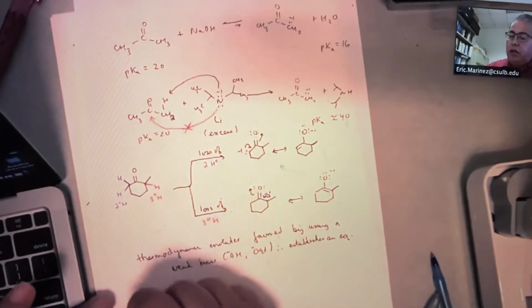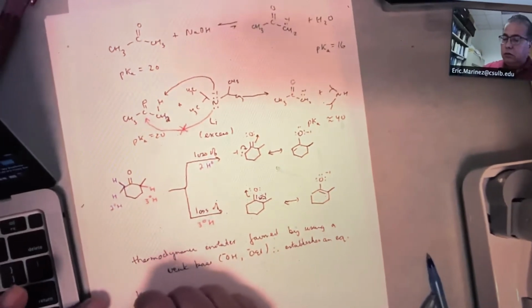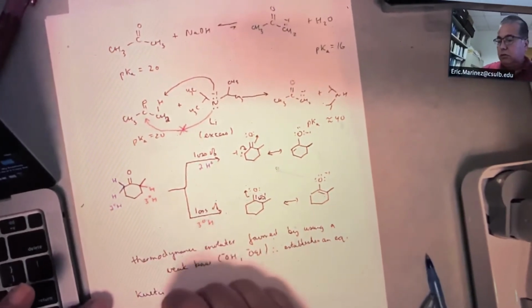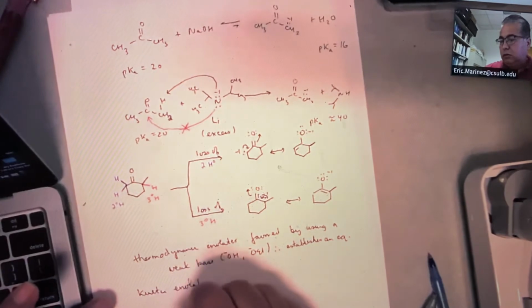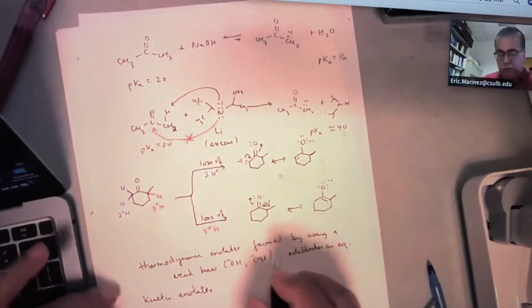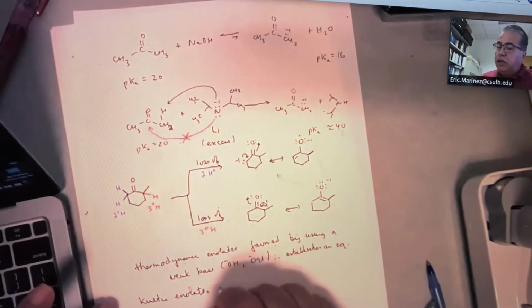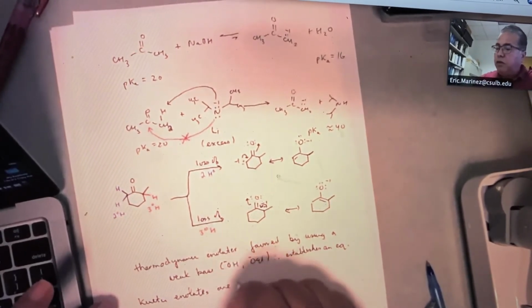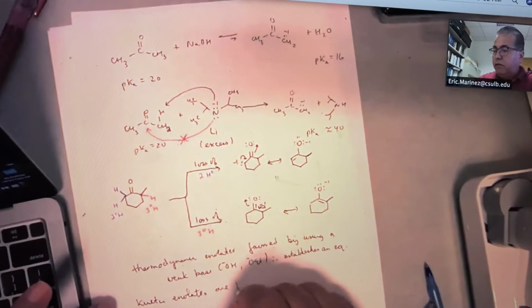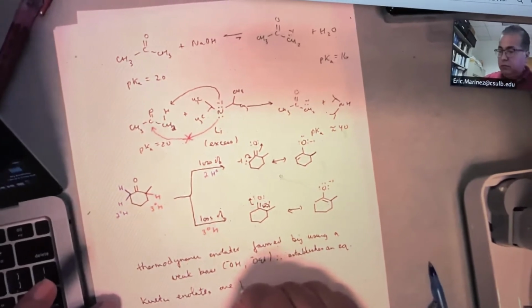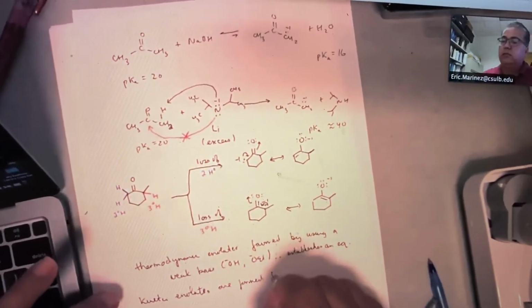Now, on the other hand, kinetic enolates in general are formed fastest. Okay?